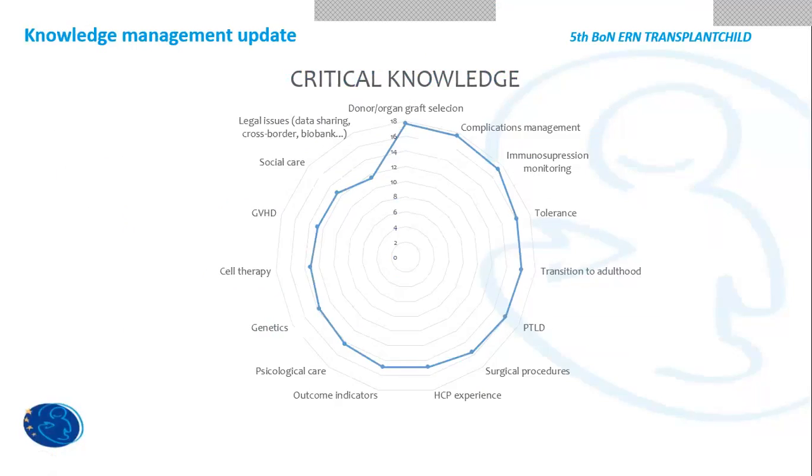We are also doing research in tolerance and some cell therapy here in the coordinating center, and finally we tried to apply for a grant for a protocol for transition to adulthood. So somehow we are already focused on the real critical knowledge areas.